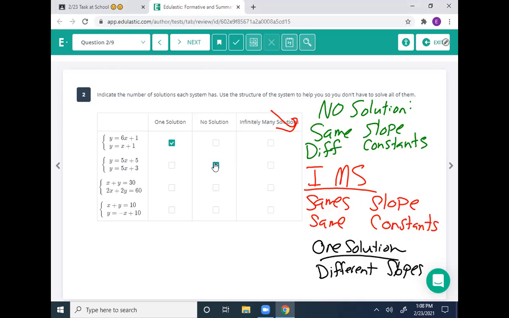Okay, now, this is where it gets a little bit trickier. When we look at the third one, first, what do you notice? Just looking at it, what do you notice about that system there? Tiana, what do you notice?